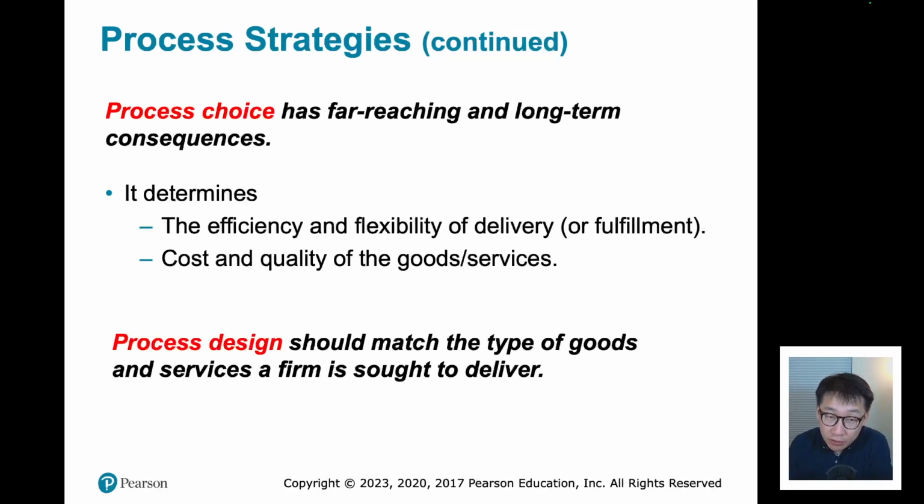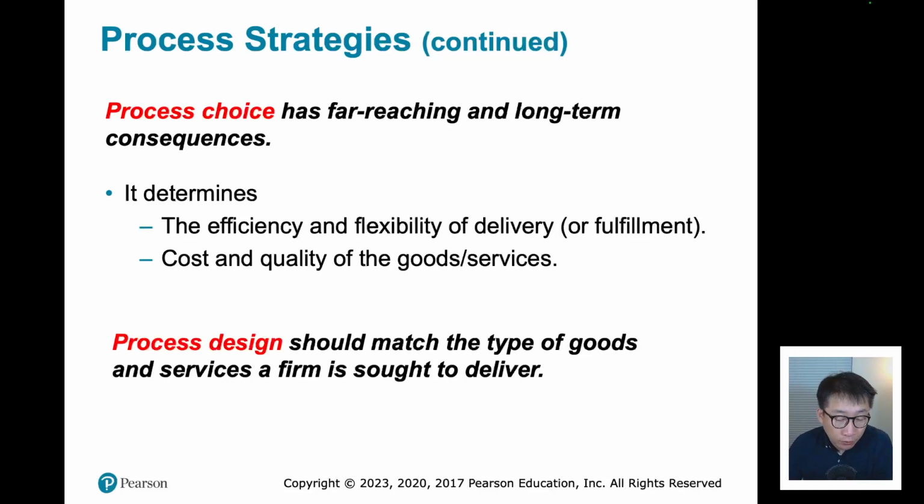They may not be very efficient, starting from their price tag. Okay. But they can be very, very flexible because I think they can accept a lot of different customization requirements from the customers. So the efficiency and flexibility of the delivery will be largely driven by your process choice. So are the cost and quality.